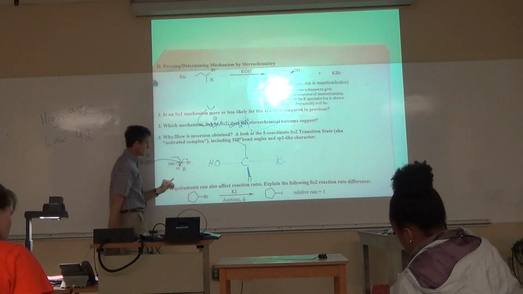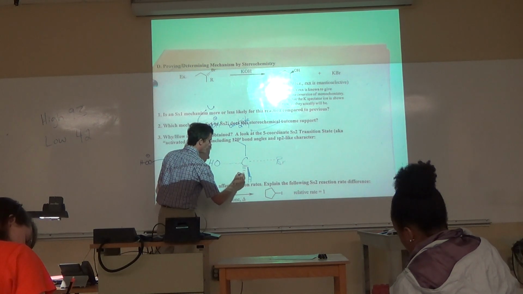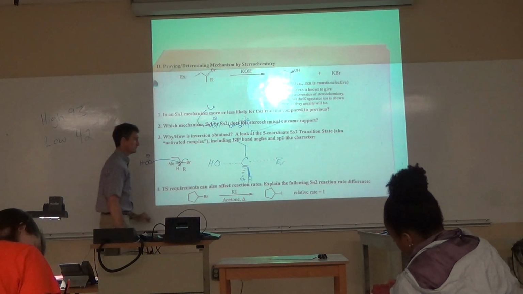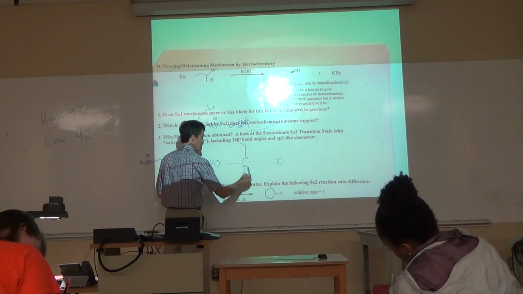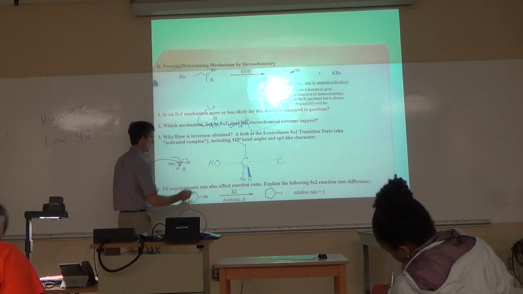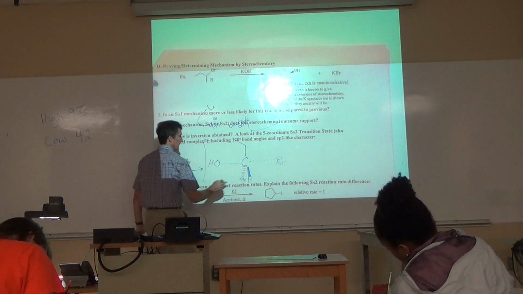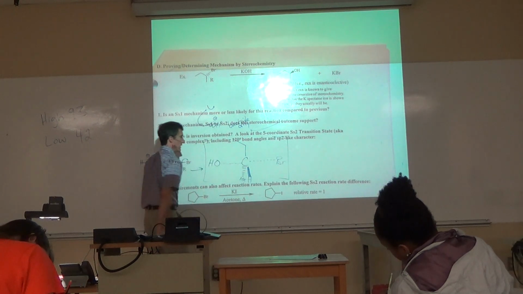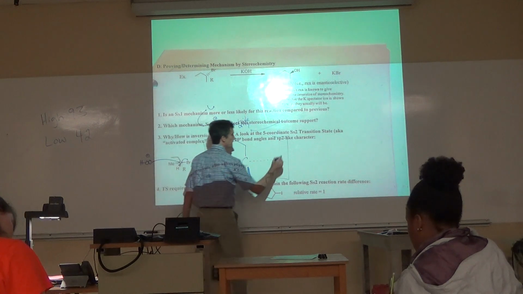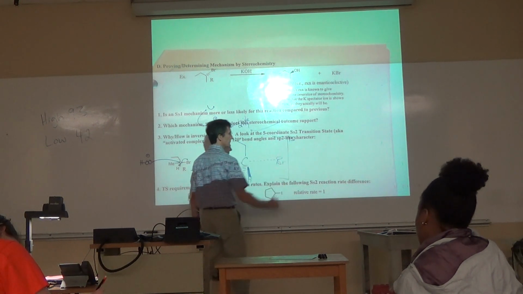The H is forward there, and the methyl. This is our transition state. Sometimes you see like a double dagger up here or something. I'm going to put just the TS.